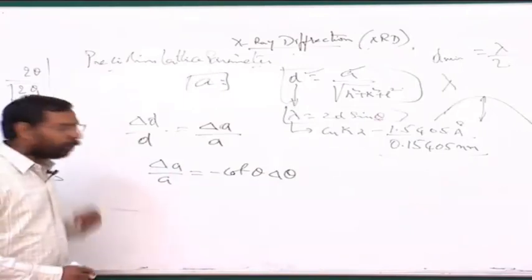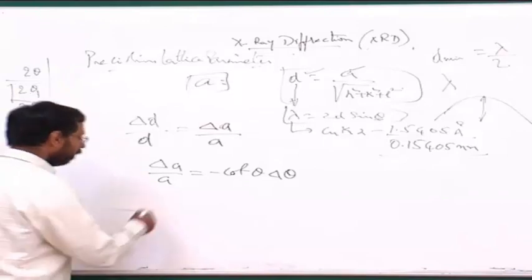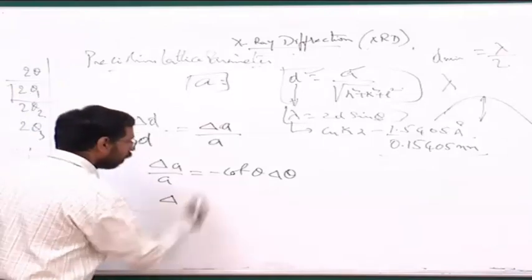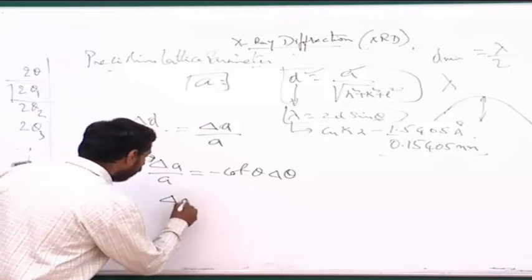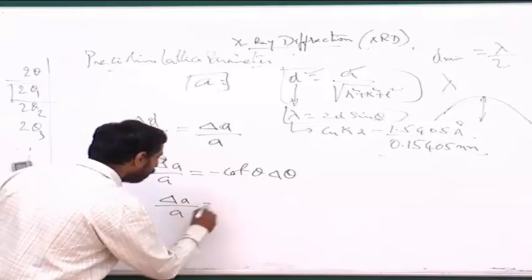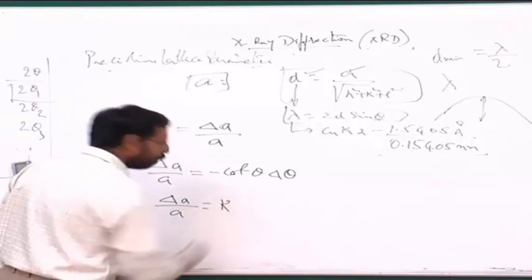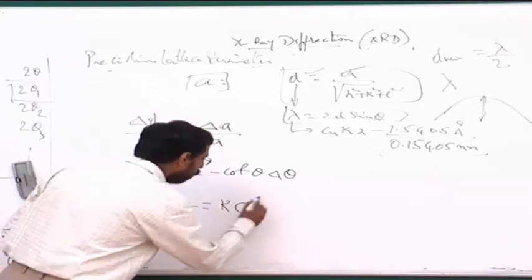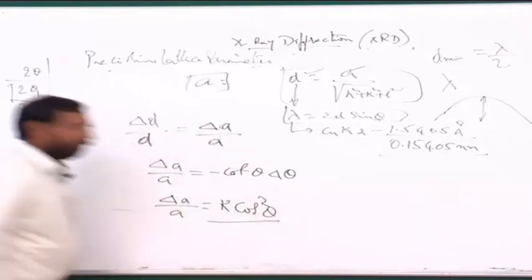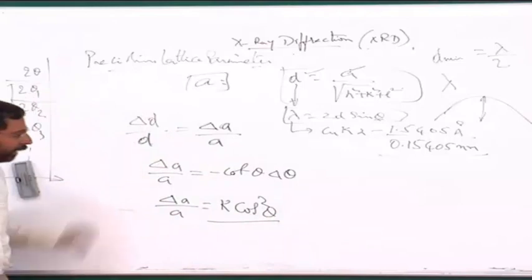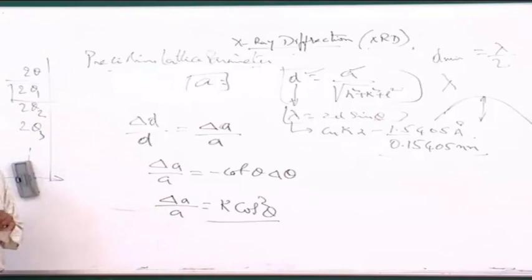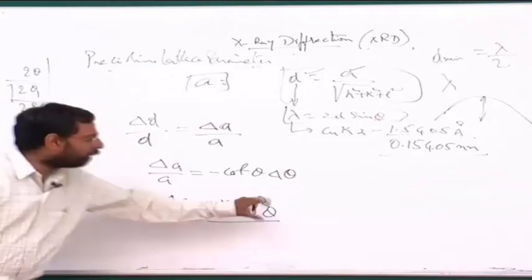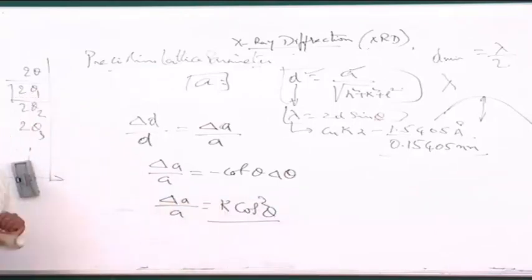And to find this out, what people have done is they tried to do some analysis, and in principle found out that delta A by A is proportional to cos square theta. I will not go into the details of how this is arrived at, but this is one of the formulas that is regularly used for finding the precise lattice parameter.